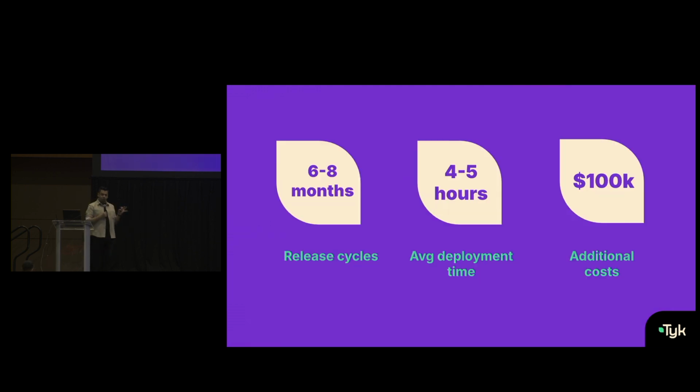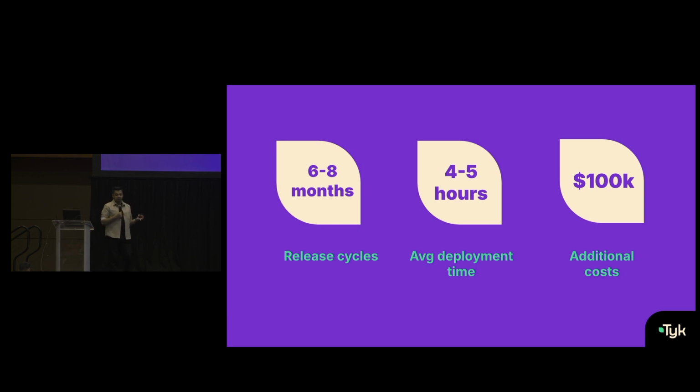What it could also look like in terms of, and this is the final part that I'm going to be touching upon, which is success. What does success actually look like? And these are metrics that we have already seen with some of our end users and customers that have been able to achieve. So this is not the end state. This is essentially where a lot of these organizations end up beginning, where their release cycles might be 6 to 8 months long. There might be average deployment times that might be going to 4 to 5 hours.